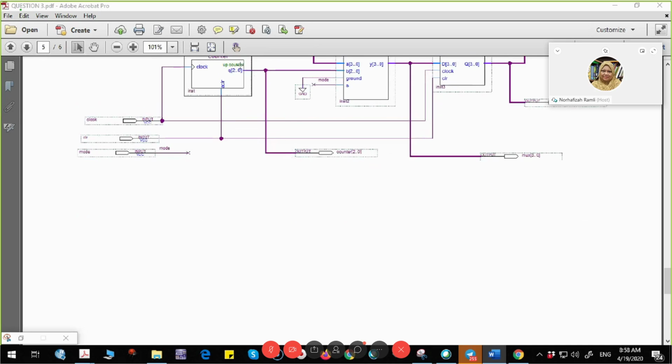Actually, you don't multiply. What happened here is that the upper 3 bits are from the counter, and then your lowest bit is always 0. In other words, when your counting is 0, 0, 0, this is from the counter, you add another 0.